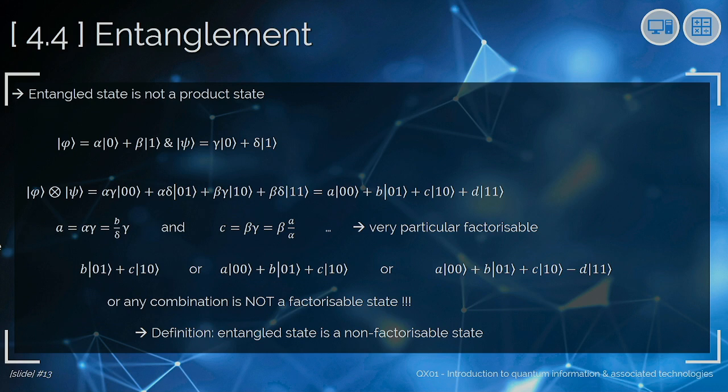In fact, the definition of an entangled state is a non-definition, in the sense that an entangled state is a non-factorizable state. So this, for instance, cannot be written as the product of qubit 0 and qubit 1. This is an entangled state that links together qubit 1 and qubit 2. And it cannot be factorized.